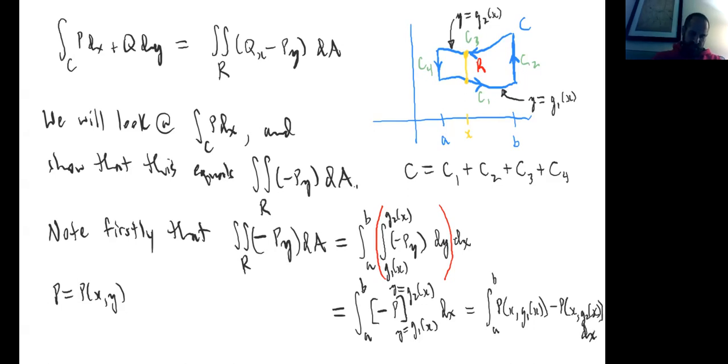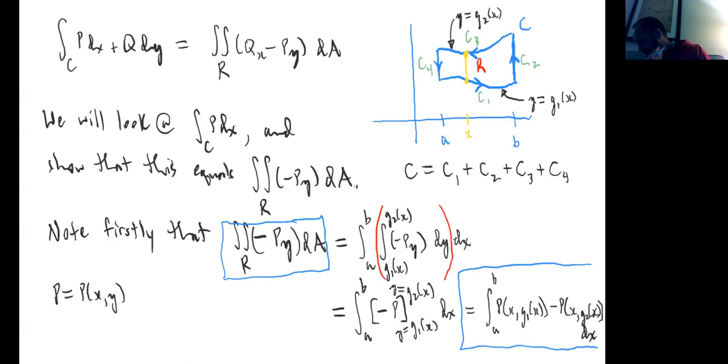So in other words, this is what we end up getting, and that's equal to this double integral with this piece of y thing sitting there. So we have P of X, G1 of X minus P of X, G2 of X, and that's what we get integrated from A to B in X. That's what that double integral over R ends up being.